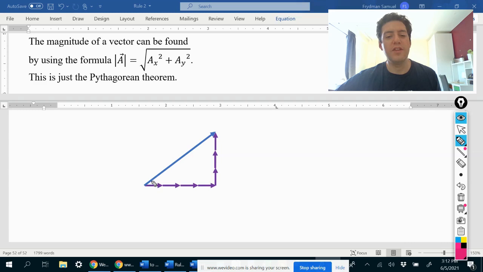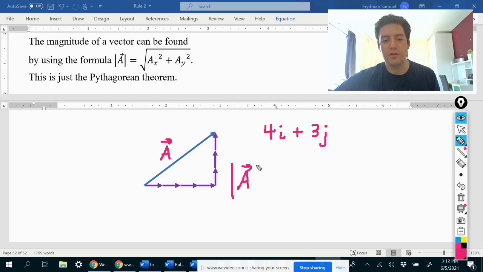So this vector would be 4i plus 3j. Okay, and let's call this vector A. So if I wanted to know the magnitude, draw those two lines to indicate magnitude.